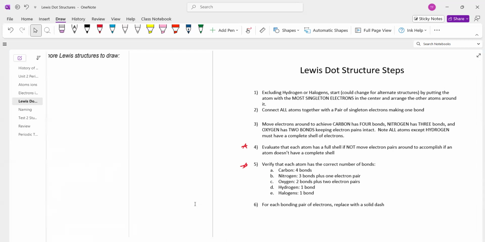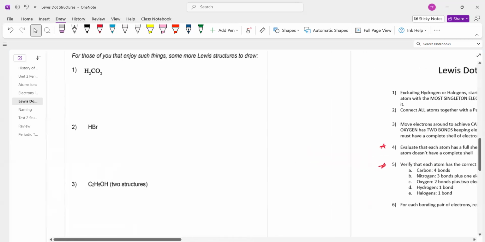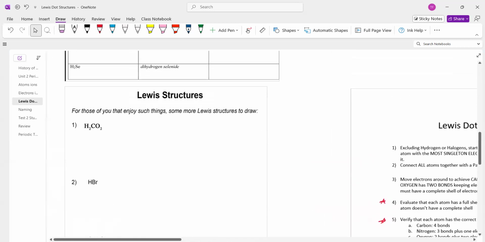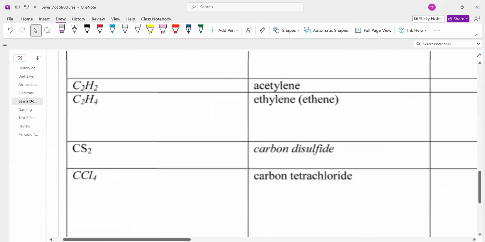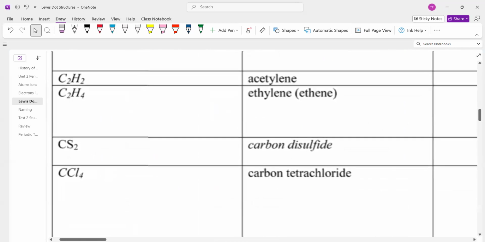Okay, so let's look at some more examples. Let's look at ethylene, C2H4. Step number one is take the most complicated of the atoms, in other words, the one with the most singletons, and those go in the middle.